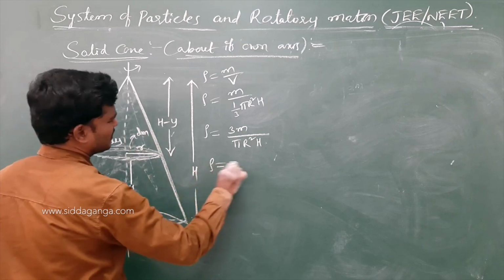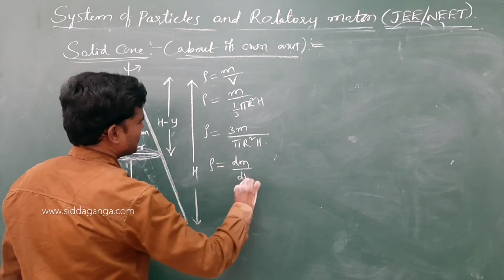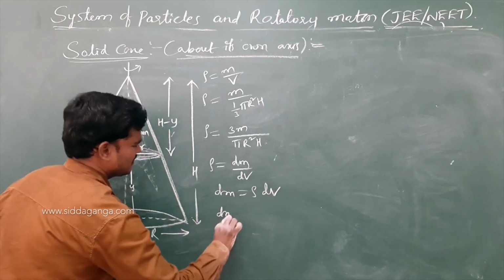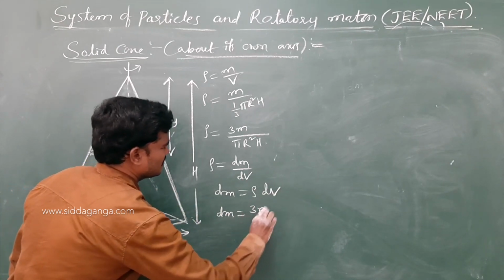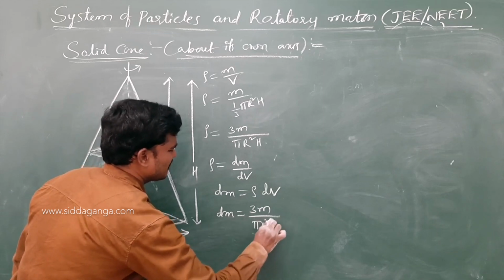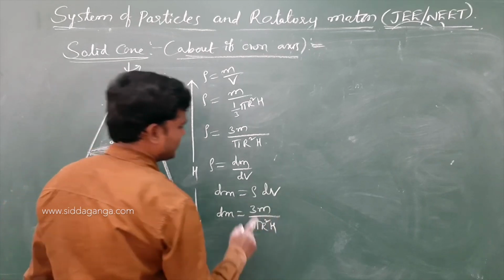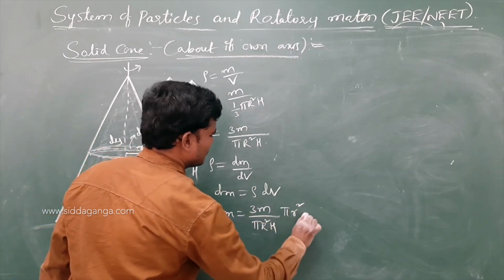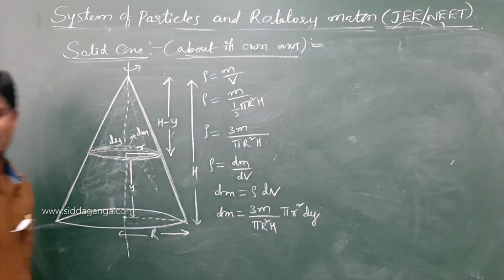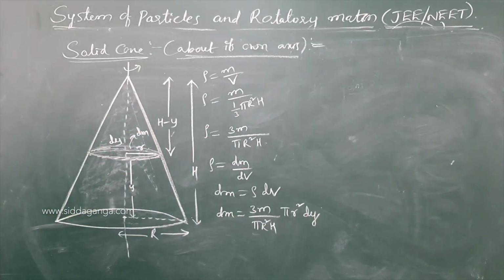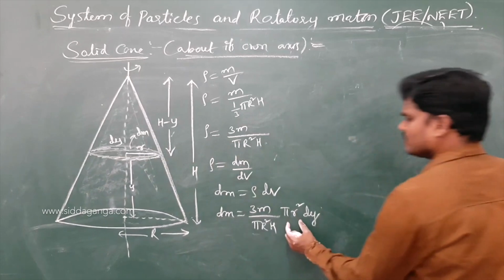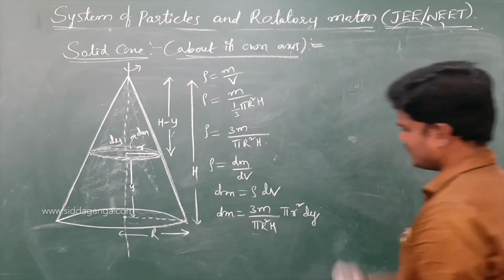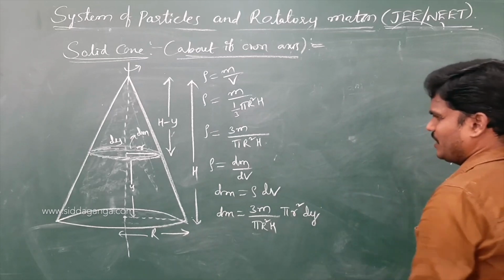So for the small part, dm is equal to rho dv, where rho is 3m by pi capital R square capital H, and dv is the area of the disc, pi small r square, times the thickness dy. The area of the disc is pi small r square, that is a circular disc, so pi r square dy.